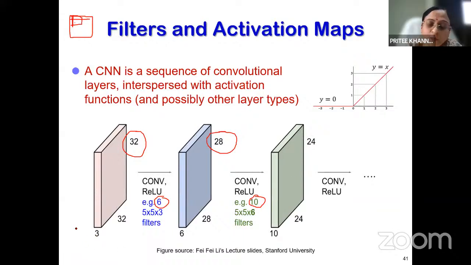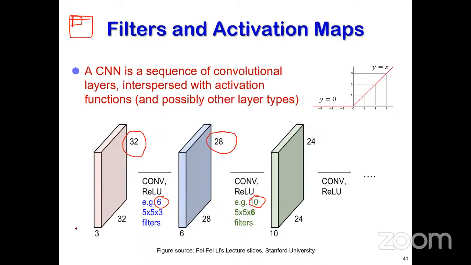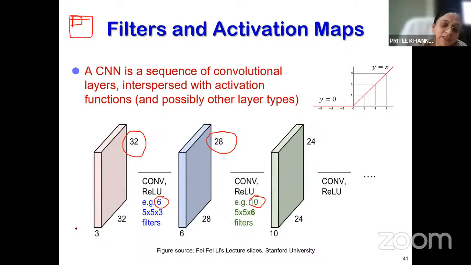Ma'am, actually you asked why we are adding this non-linearity. What happens if we do not add non-linearity in this network? Yes, this is very important. See, the problem is the nature of the data in real life. Most of the time, real life data is not linear in nature. So why are we doing this whole exercise? We are developing this CNN so that it will learn the patterns from the data, and this data is non-linear. So we need to introduce some non-linearity here, and that is why these activation maps are introduced.